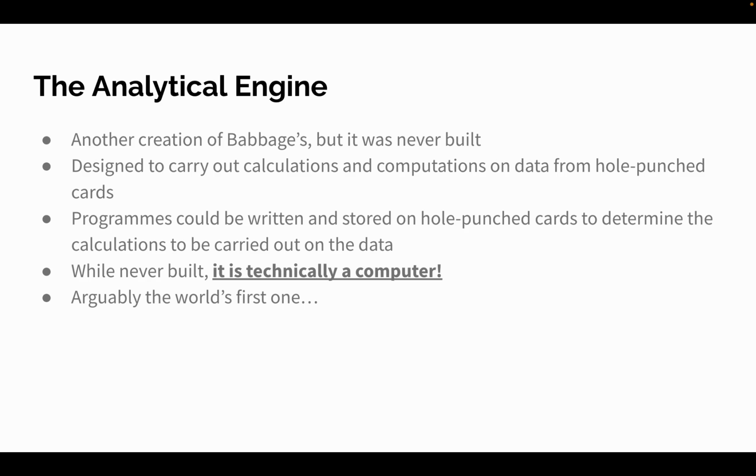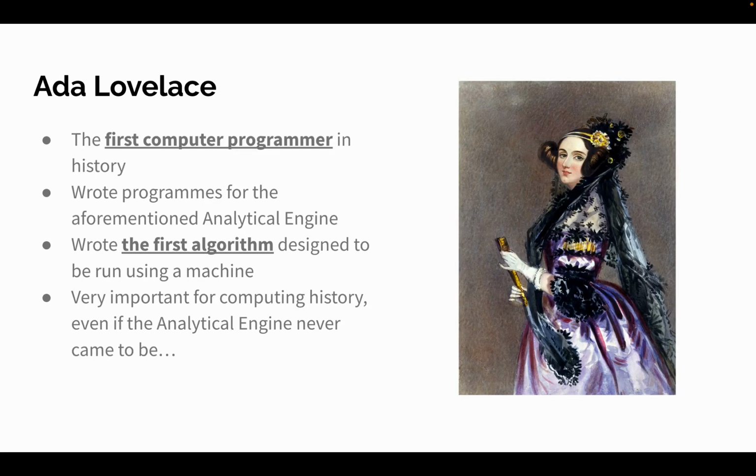So while this was only theoretical, it was only drawn up, it was never actually built, it is a computer. It matches our definition. It's general purpose. It's programmable. You can write a program, you can feed it data and get an output, and you can reprogram it to do anything you want. So we could arguably call this the world's first computer.